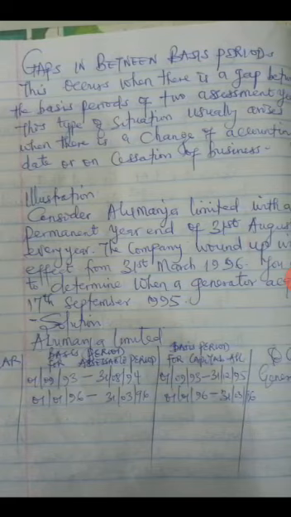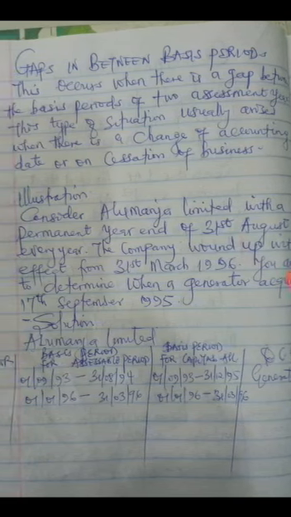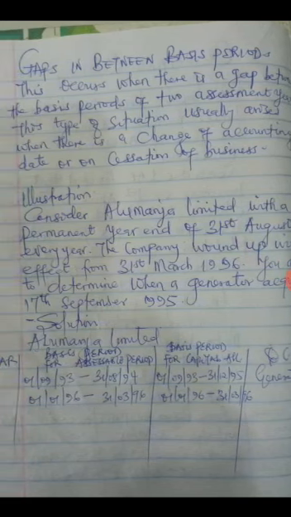The penultimate year is the year where you prepare for your normal assessment and your actual assessment. Then the ultimate year is the year the business ceased or wound up. So on that year, we prepare from the 1st of January of that year to the particular date the business ceased.